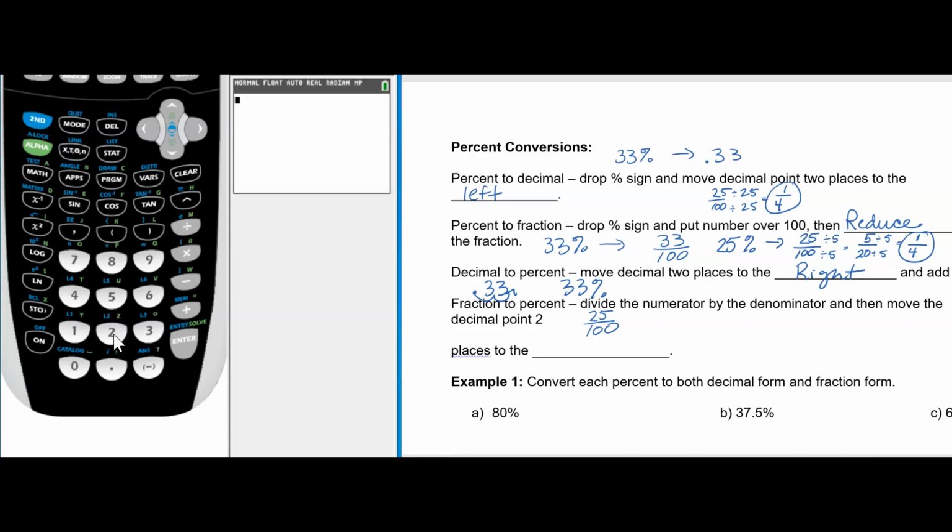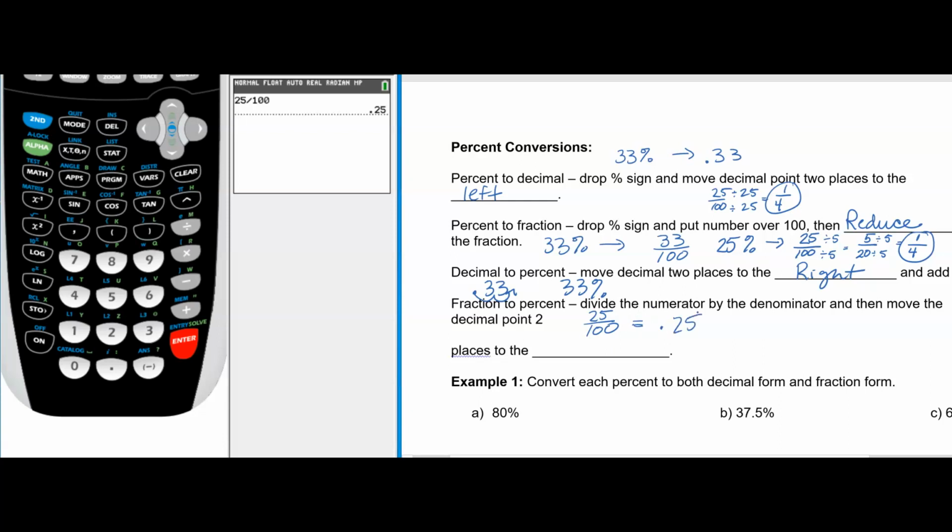So a fraction 25 over 100 is the same thing as, whoops, let me clear that out. It's going to be 25 and then divided by 100, enter, and it will give you the decimal for that, 0.25. So 25 over 100 is 0.25.